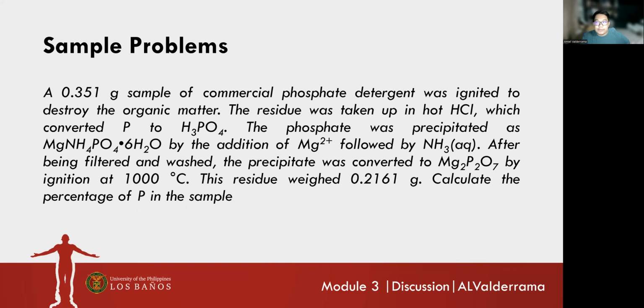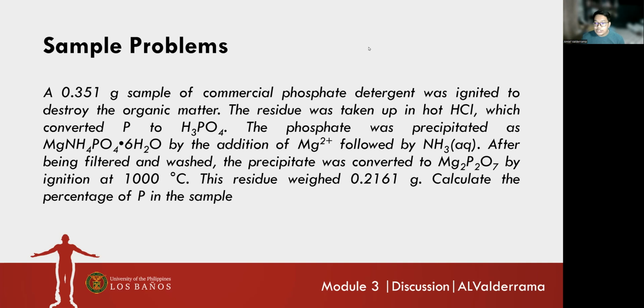The phosphate was precipitated as magnesium ammonium phosphate hexahydrate by the addition of magnesium 2+, followed by addition of aqueous ammonia solution. After being filtered and washed, the precipitate was converted to Mg2P2O7 by ignition at 1000 degrees Celsius. The residue weighed 0.2161 grams, and your question here is calculate the percentage of phosphorus in the sample.